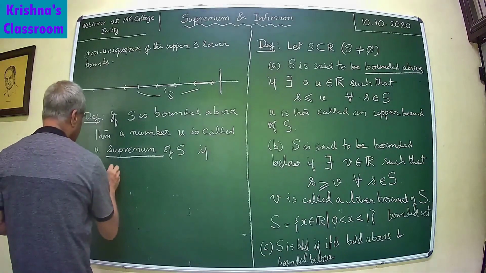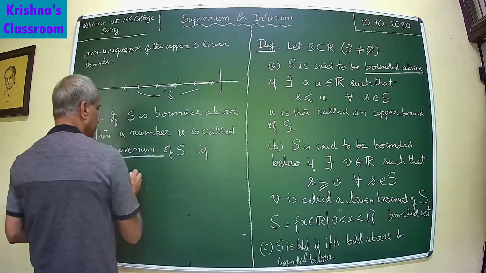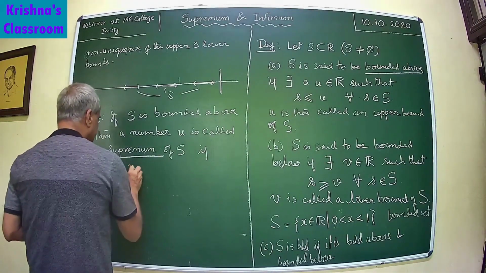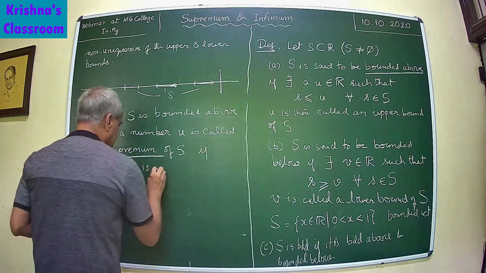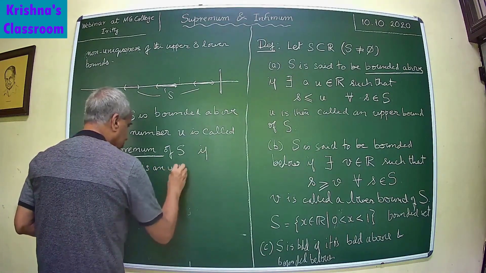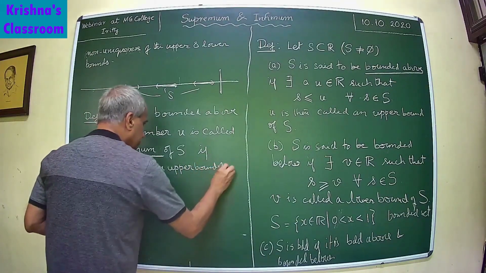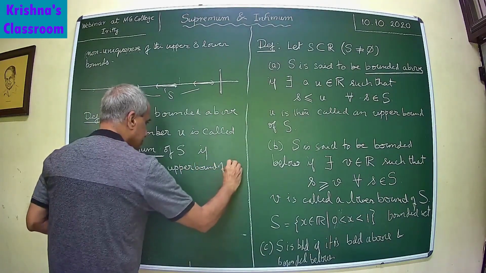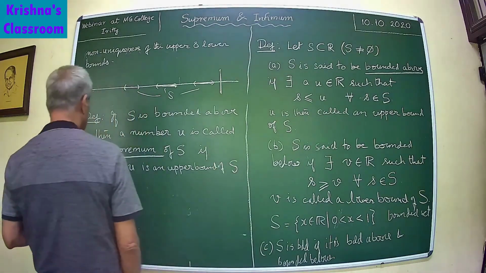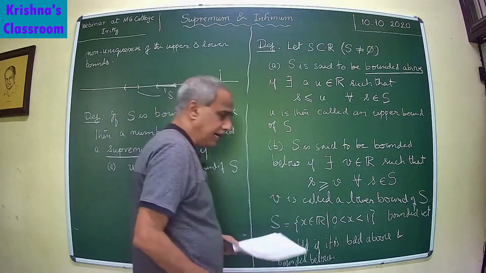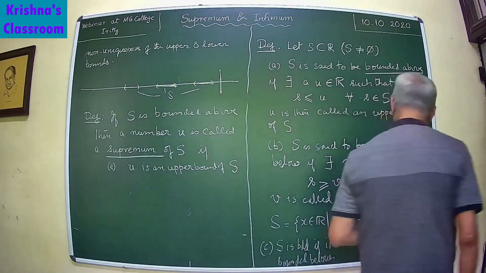First of all, U should be an upper bound of S. So every supremum has to be an upper bound.